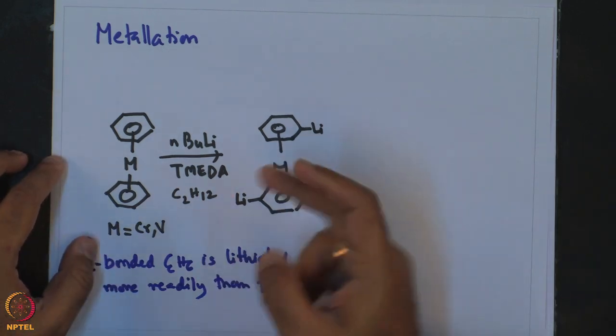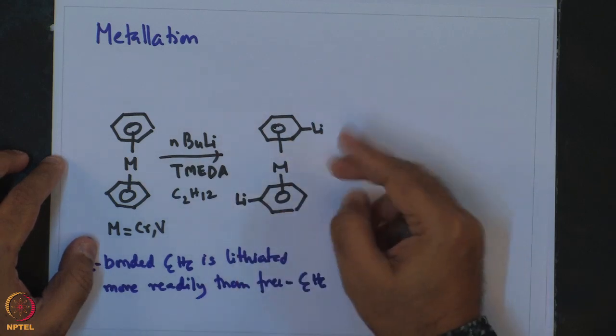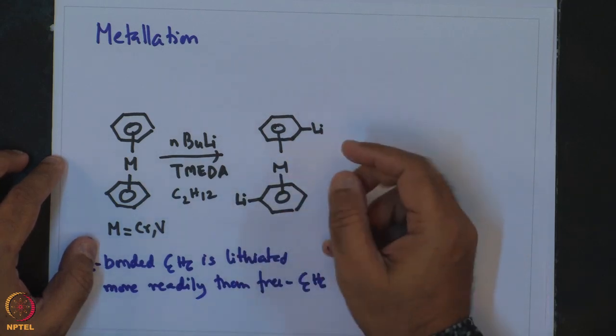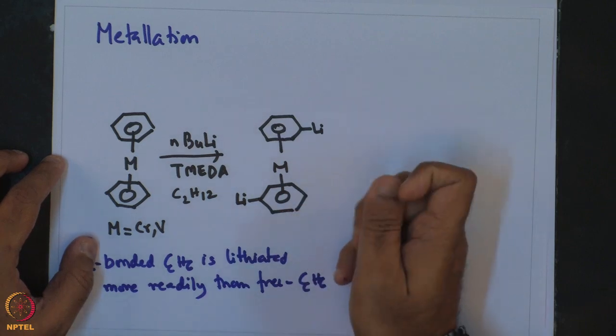Another interesting thing is that this dilithiated product with lithiation in each of the rings was indeed observed even for metallocenes, again in presence of TMEDA. So, this method of obtaining dilithiation is not only similar to what is observed for bis arene transition metal complexes, but was also observed for bis cyclopentadienyl transition metal complexes.